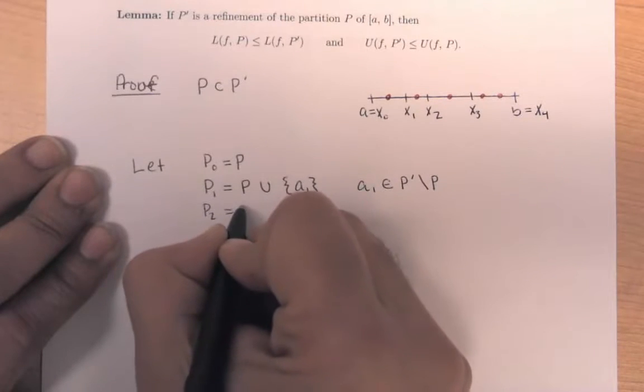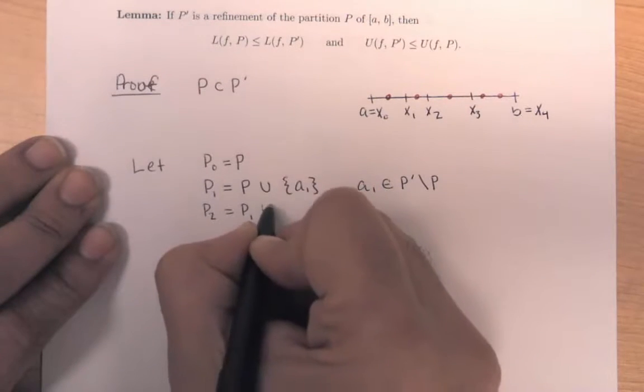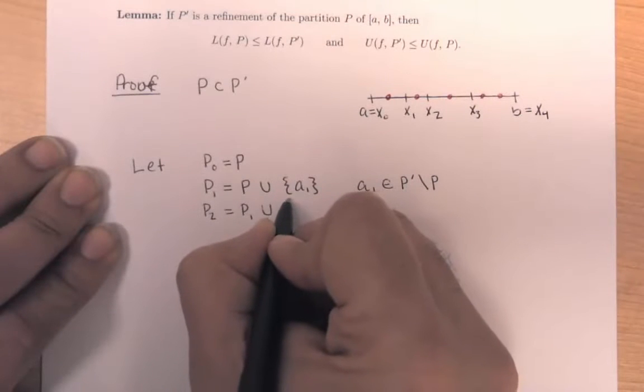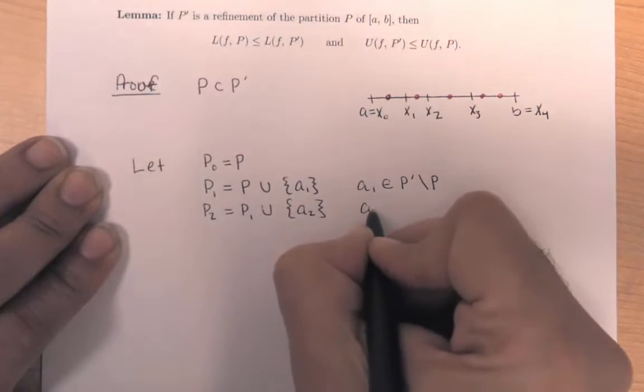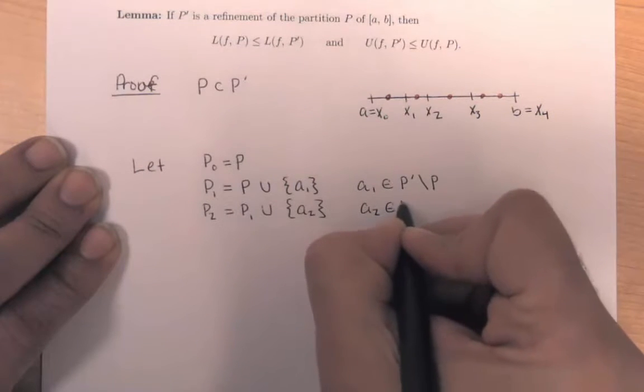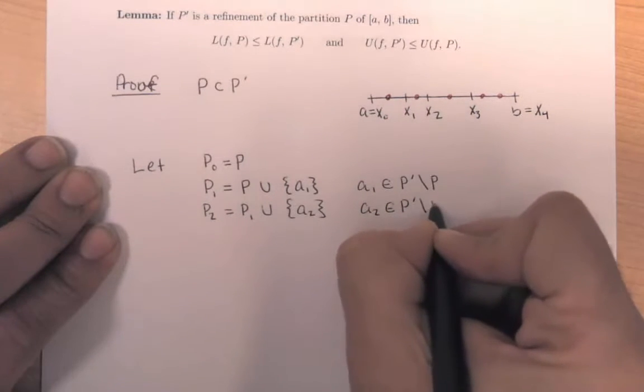We'll let P2 be P1 plus just one more point, where A2 is in the final refinement, but not in P1.